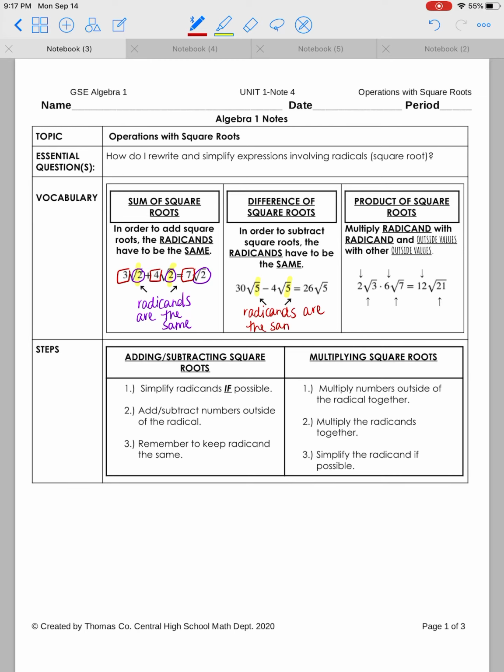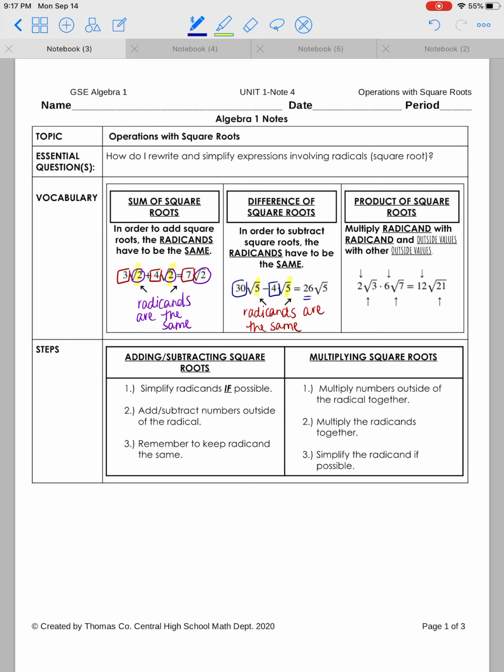Which means I can subtract. That square root of 5 comes over here into my answer. And then all I do is take the outside number part, the 30 and the 4, and I'm going to subtract 30 minus 4, and that gives me the 26. So 26 square roots of 5.